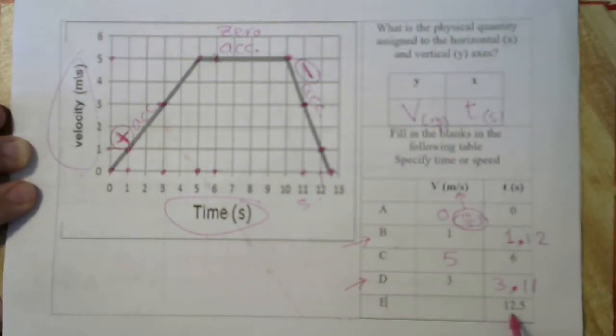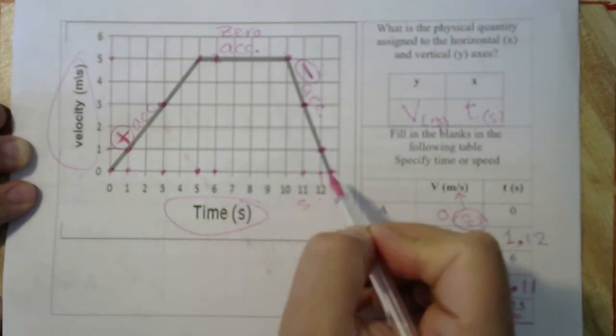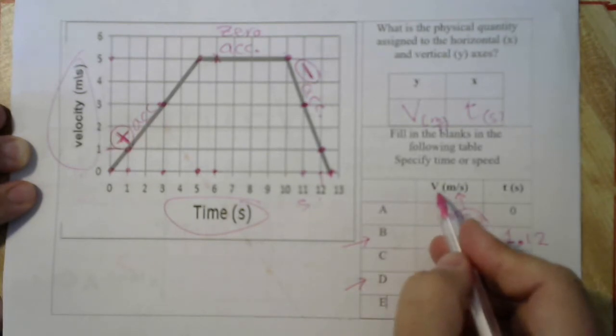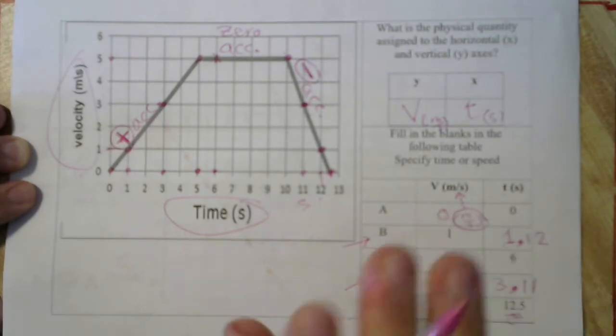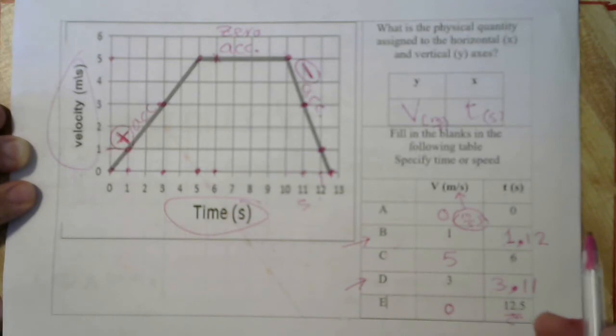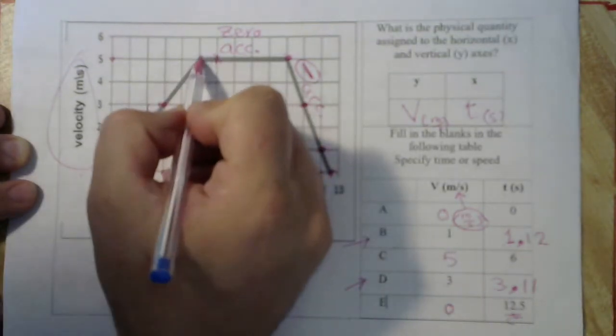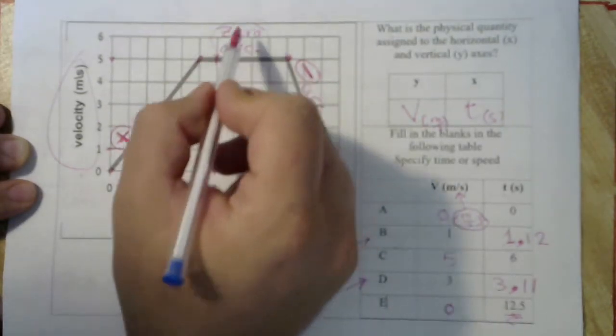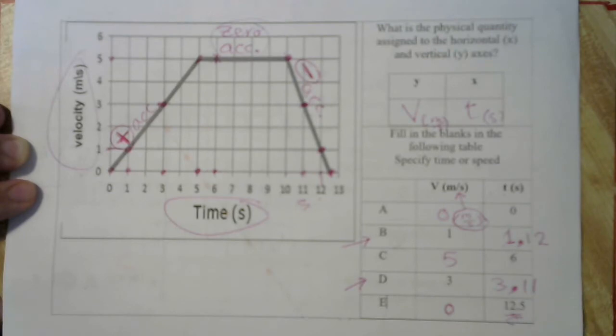Now at t equal 12 and a half, the speed or the velocity of that body is 0. It is stationary. When the velocity is 0, then the body is stationary. When the velocity doesn't change, like from 5 seconds to 10 seconds, that means the acceleration is 0.